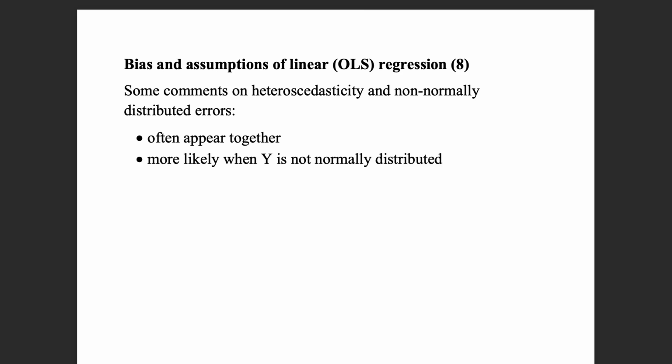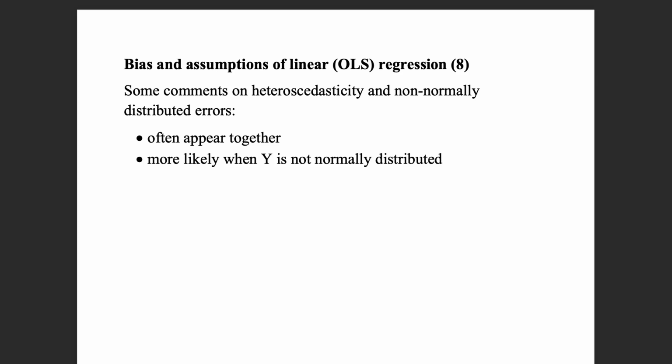And one situation where that is quite likely is if your dependent variable itself is not normally distributed. So you may have learned in previous statistics courses that certain statistical methods require your dependent variable, or the variable that you're analyzing, to be normally distributed. Very strictly speaking, that's actually not correct.